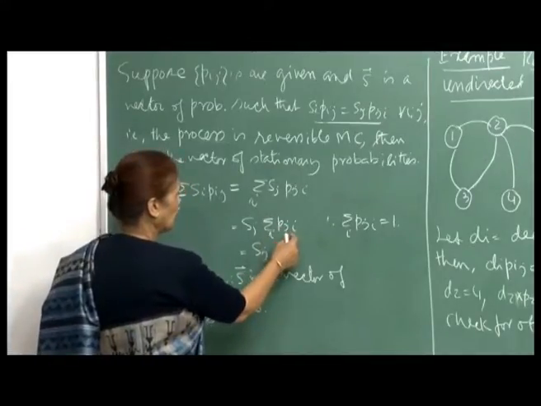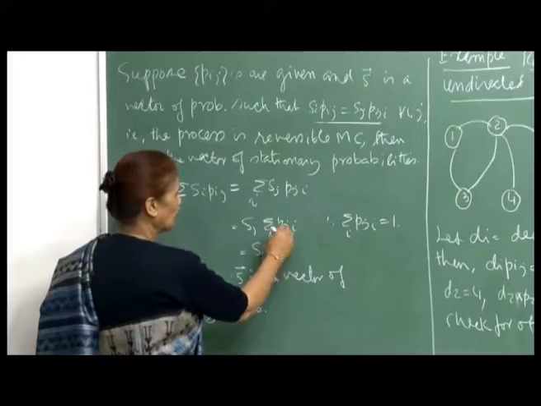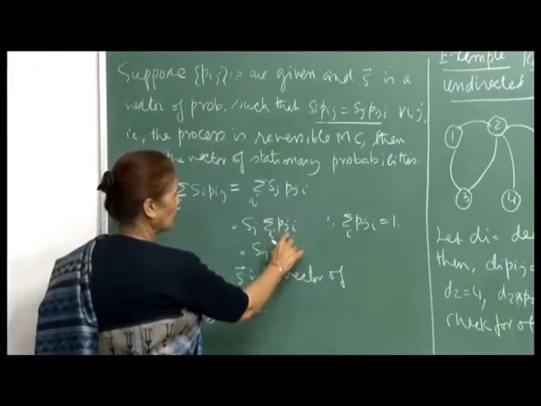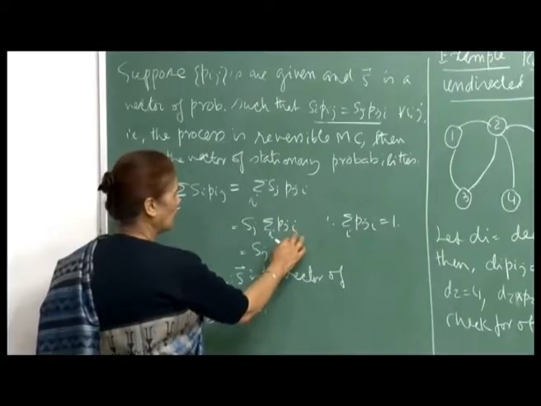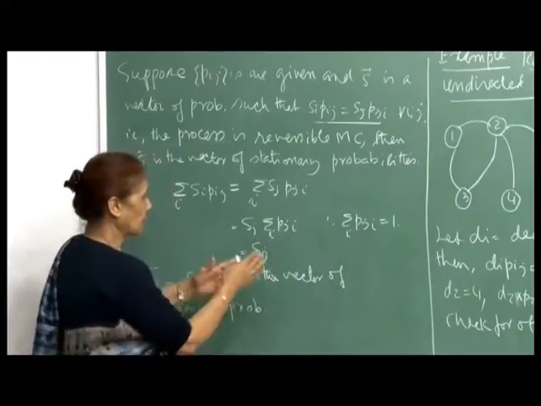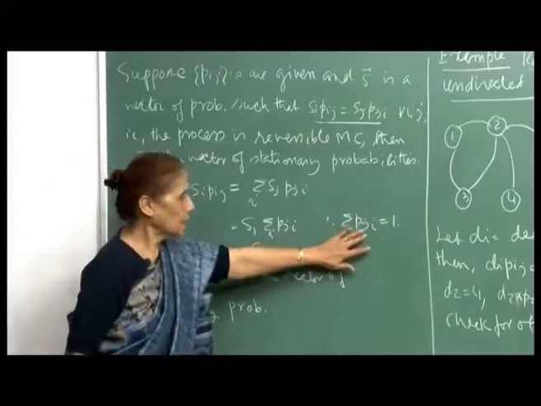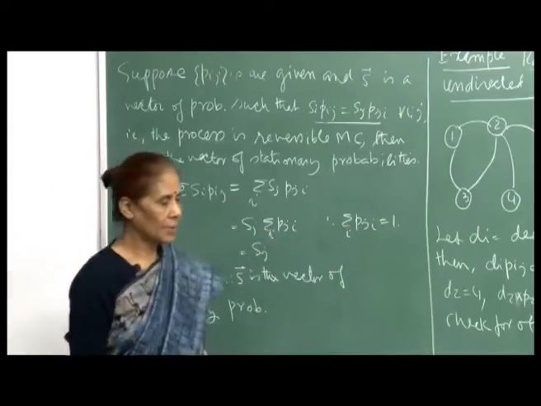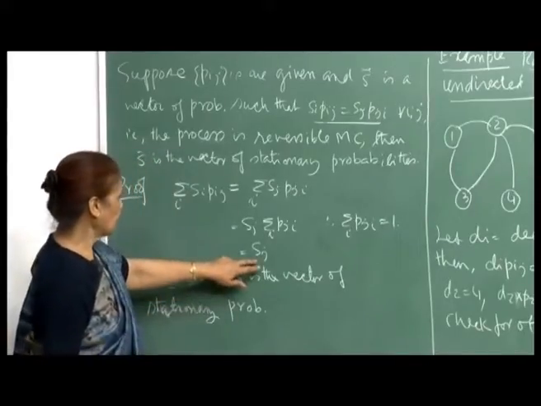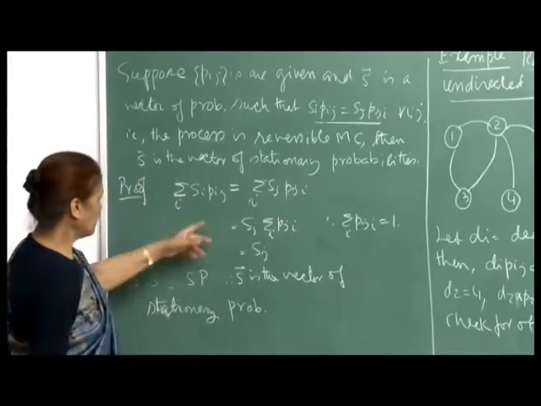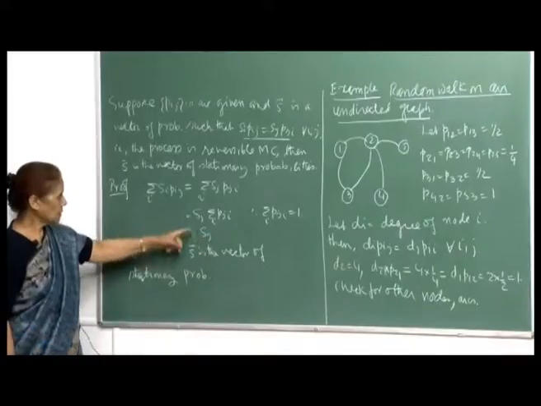These being transition probabilities, you are summing up the elements of row j, and that must add up to 1, because these are elements of a transition matrix. Therefore, this is equal to Sj, right. And when you write this down for all j, it is satisfied.